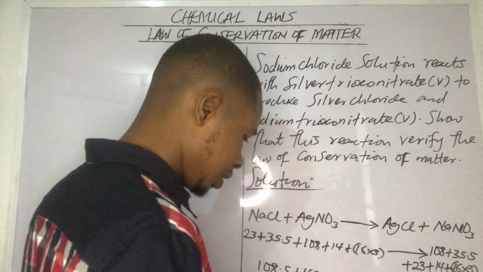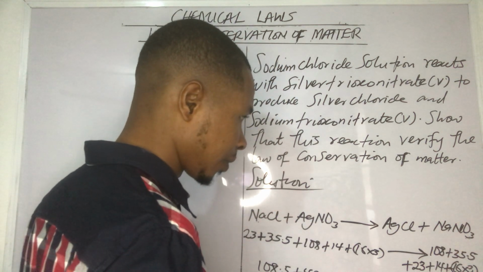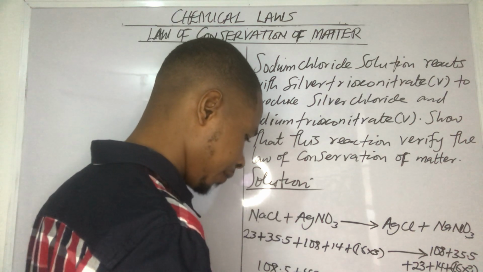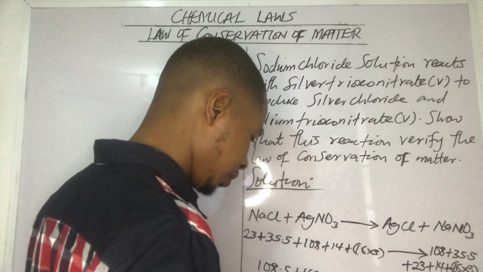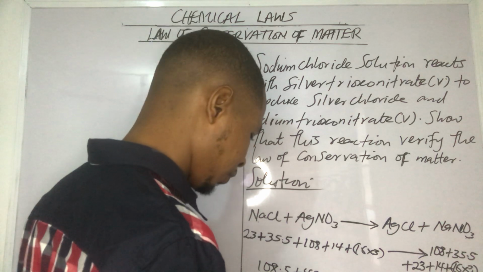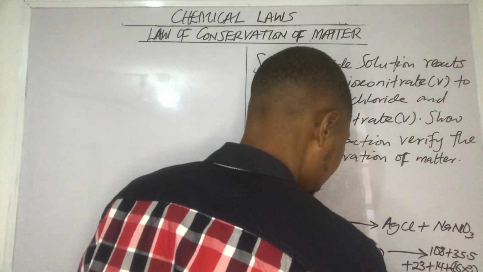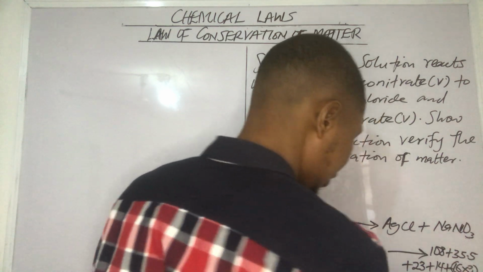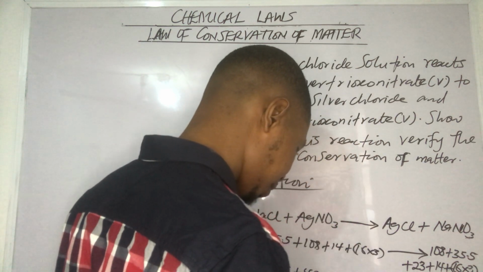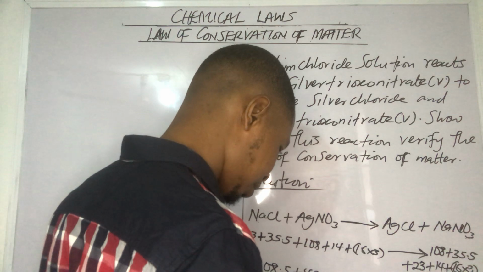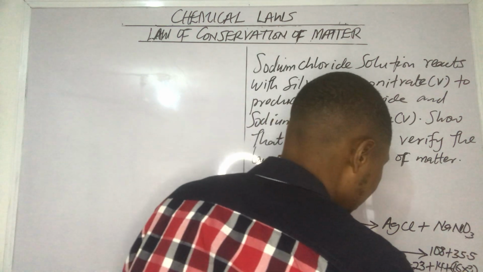If I add 108 plus 35.5 plus 23 plus 14, that gives me 180.5 plus 16 times 3, that's 48.